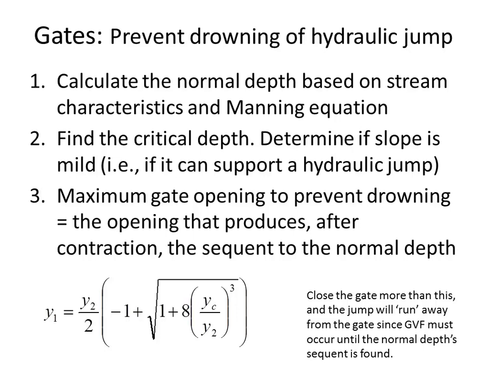So if we go over to our momentum depth diagram and then we go down, this is the normal depth for the conditions that we have in our channel, based on the n value, the slope, the channel geometry, Q. This is going to be some supercritical depth that is the sequent or the conjugate. And so it's the depth that has the same amount of momentum function.